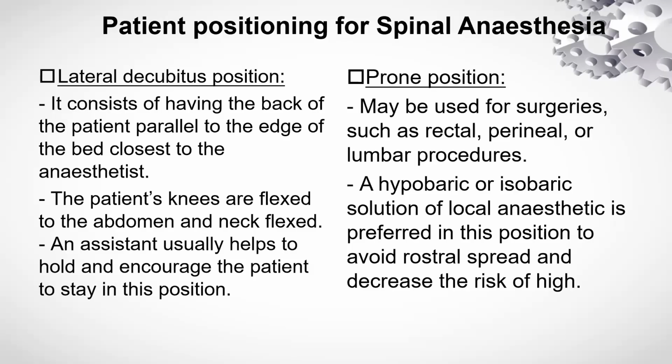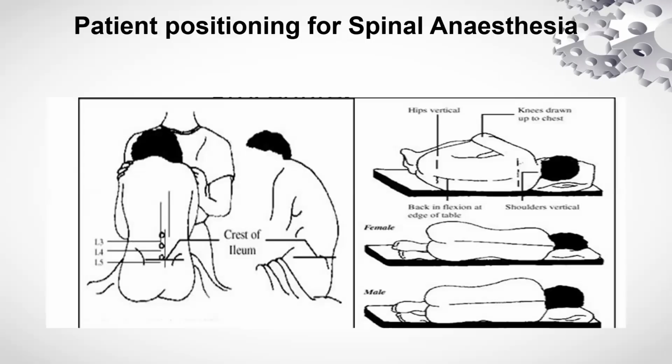I don't know how many of us have done that. It may be used for surgery such as rectal, perianal, and lumbar procedures. Usually a hypobaric or isobaric solution is preferred to avoid rostral spread and decrease the risk of a high spinal. So this is just the position we're talking about.